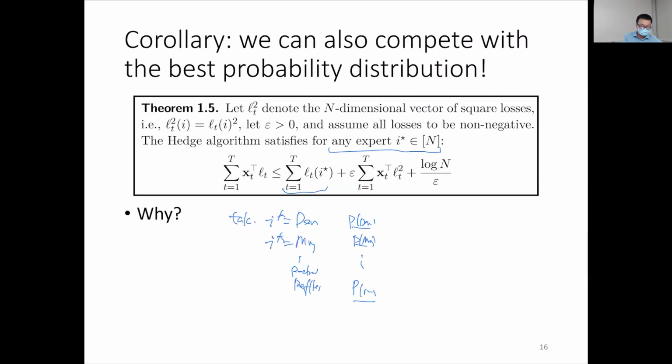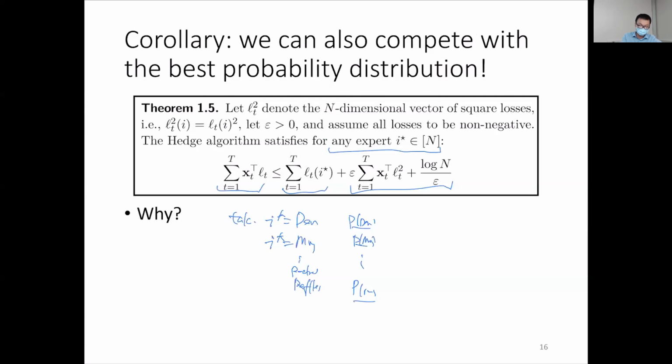So you'll see that this is a constant that has nothing to do with the probability, and this is also a constant that has nothing to do with the probability, and they will all give me the same number, but the one in the middle becomes the weighted average of the performance of these experts in hindsight.